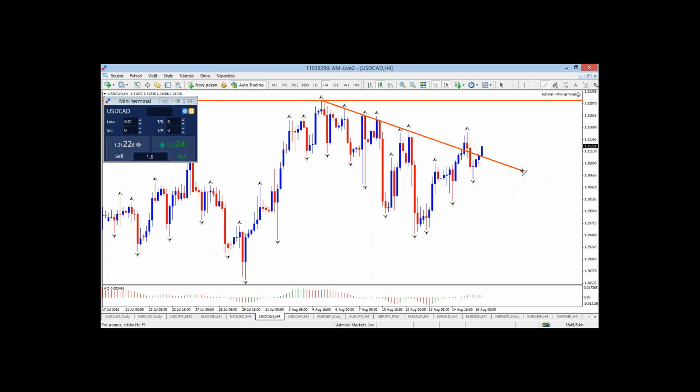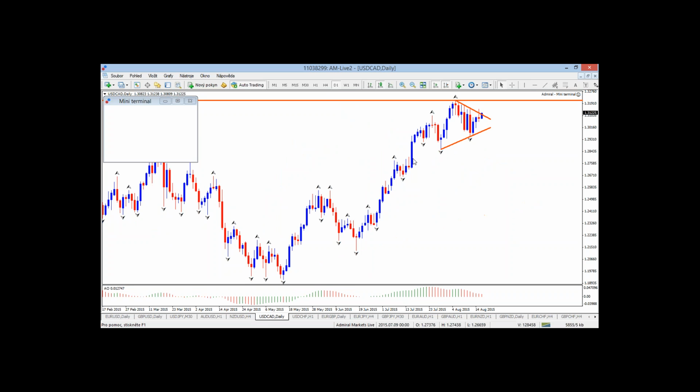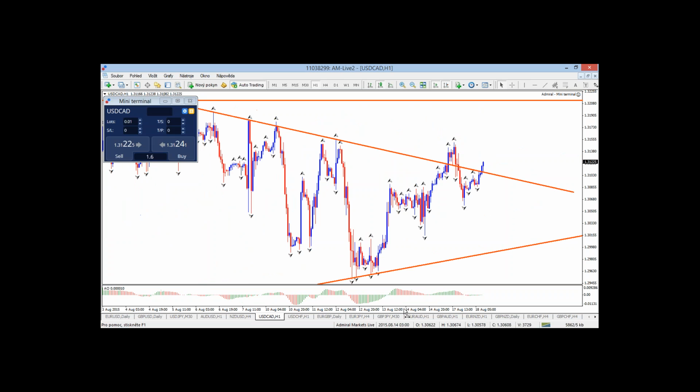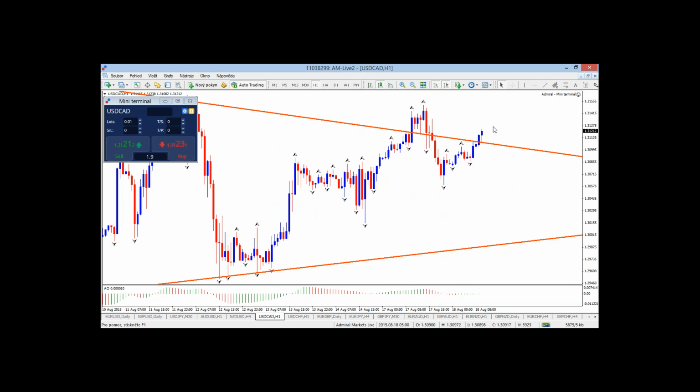Could be a bit of a push here. The break was quite small. A triangle like this within a clear bullish momentum. There's a 1 hour trend line indeed.